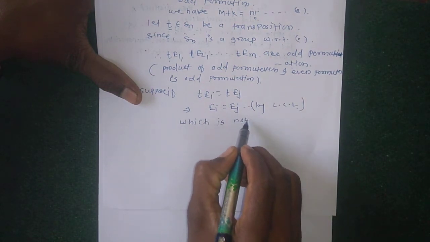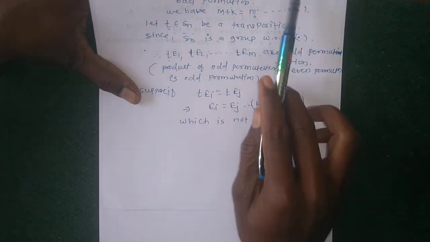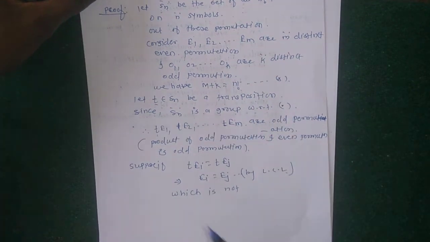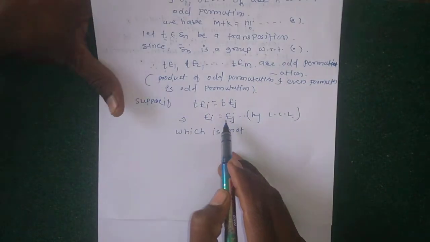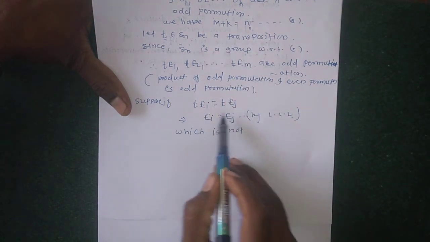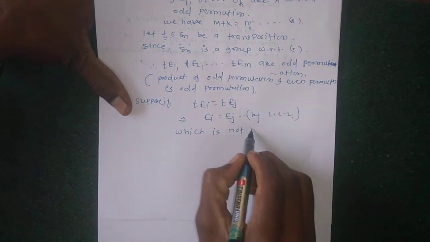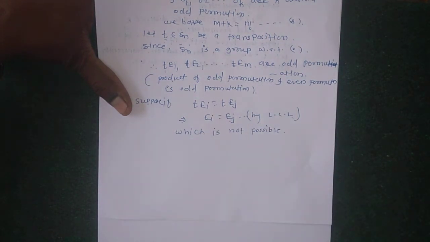Because e1, e2, up to em are m distinct even permutations, and here we would get fewer than m permutations, which is not possible.